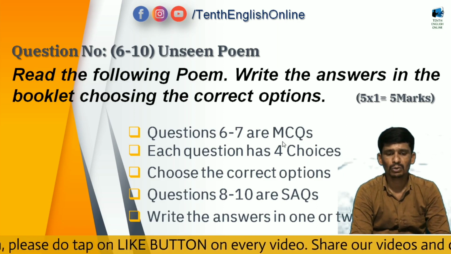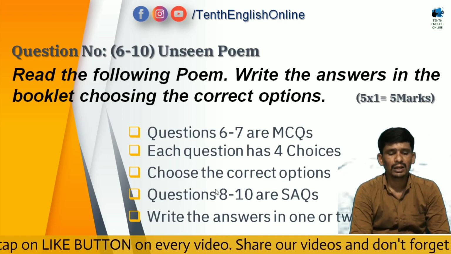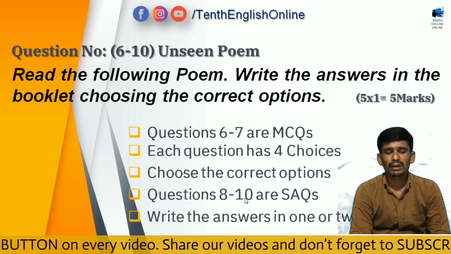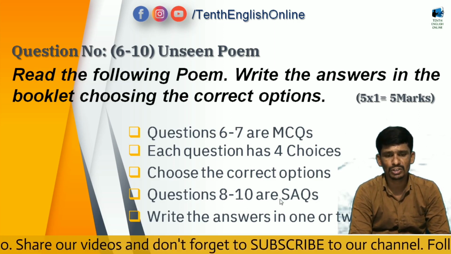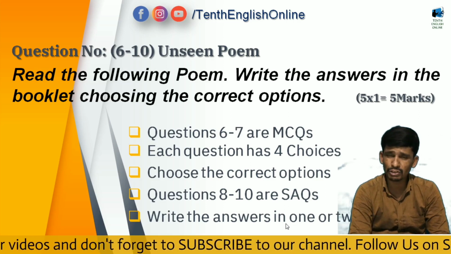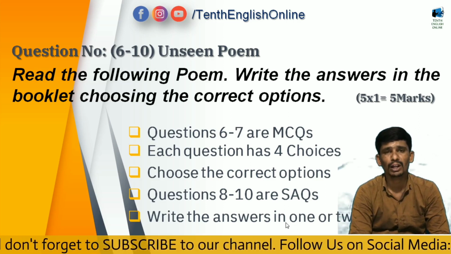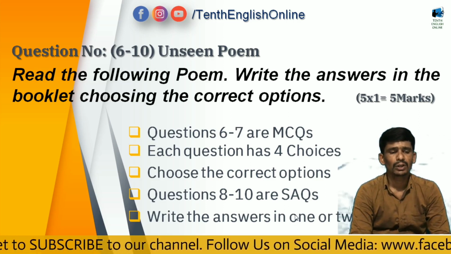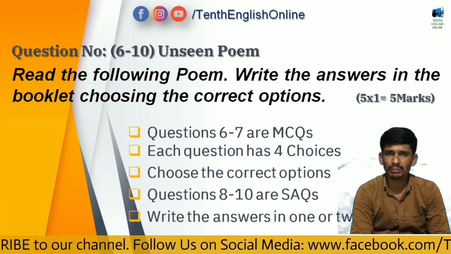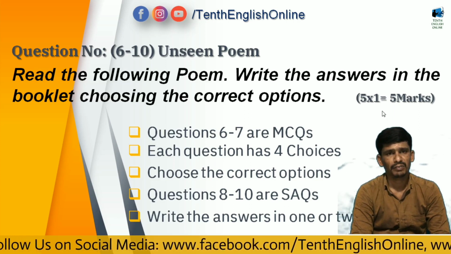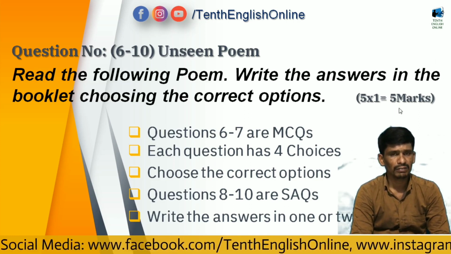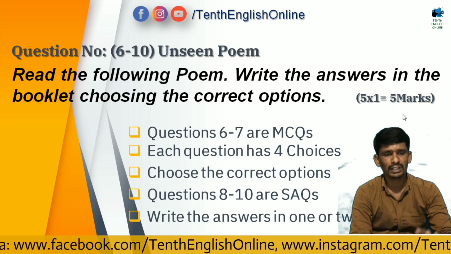And then 8, 9, 10, the 3 remaining questions, are SQs, short answer questions, for which we have to write the answers in 1 or 2 sentences. So the second bit carries another 5 marks. The first bit carries 5 marks, the second bit carries 5 marks. So far we have covered 10 marks.